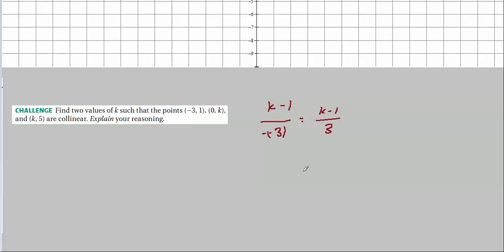Well, we'll call this point 2. So that'll be 5 minus 1. There's our change in our y coordinates, which is the rise. And we have minus 3 minus k.